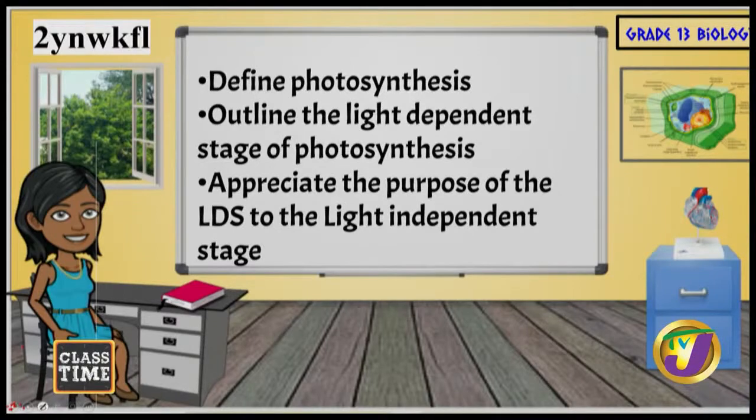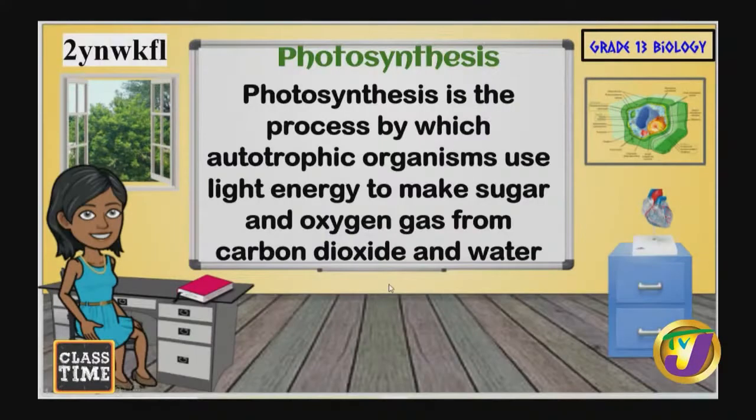So here we begin. Just to let you know, most persons would have been familiar with photosynthesis already because they would have done photosynthesis in grade 10. However, the topic of photosynthesis in grade 13 is a little bit more advanced.